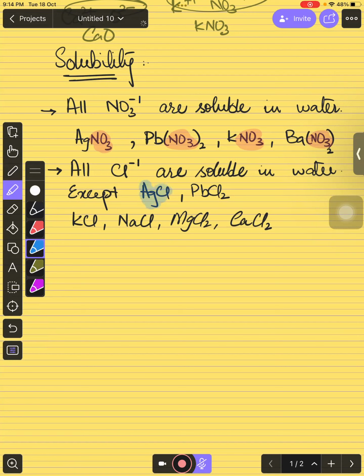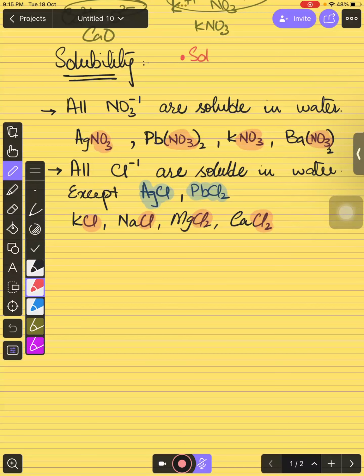So this one is insoluble, this one is insoluble, and the rest of all having chloride are soluble in water. I'm using the red one for solubility. So you need to remember this red one is soluble and the blue one is insoluble, right?